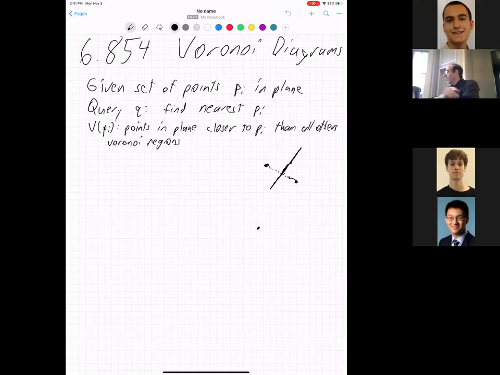Okay, so now that I have 3 points, how do I figure out the Voronoi regions? You still draw the perpendicular bisectors? Yeah, I can do the same thing, right? For each pair of points, I can draw the perpendicular bisector.